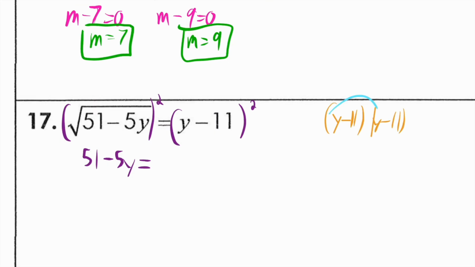Giving me y times y is y squared, negative 11y, negative 11y, and positive 121. Combining to get y squared minus 22y plus 121.